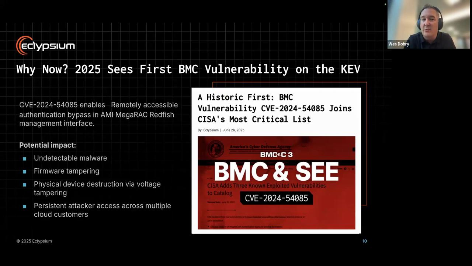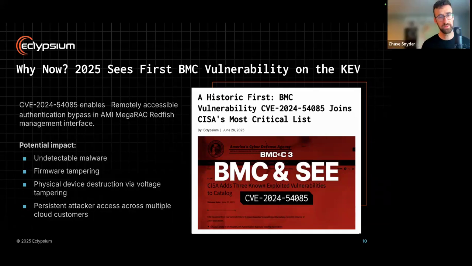So that's why I think we see this on the CISA known exploited vulnerabilities list, because this gives them easy access and gives them a very silent methodology to remain persistent and move across an entire data center and maintain control.